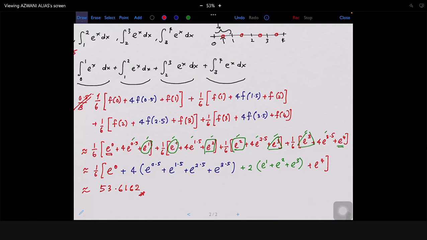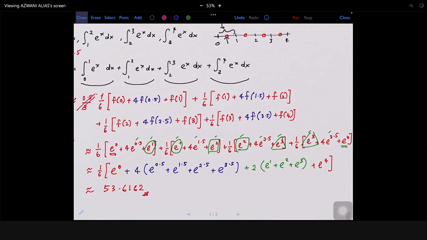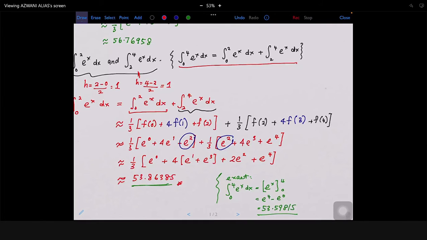Okay, so 53.6162. So compare dengan the exact solution is lagi menghampiri the exact solution compare dengan yang interval dipecah pada 2 tadi kan. Yang ni 53.86385.